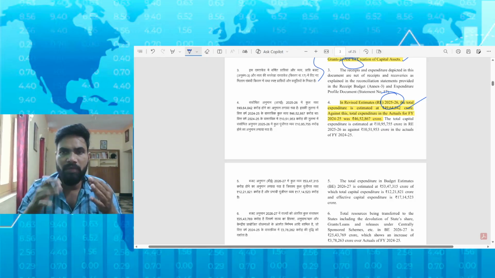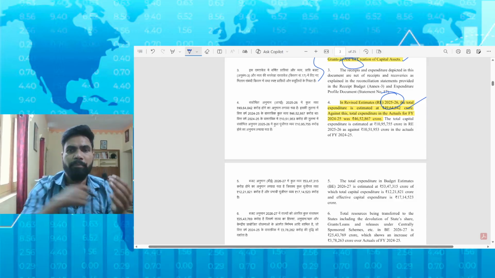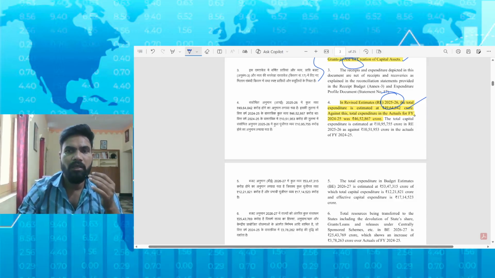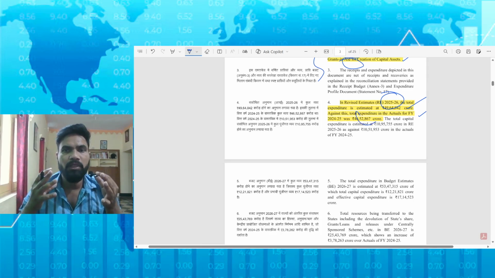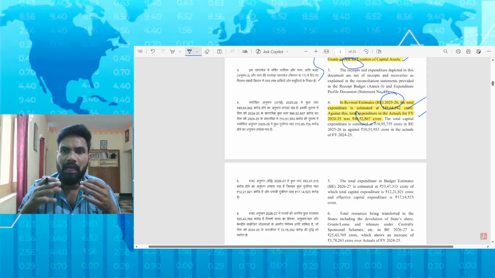Against this, the total actuals for financial year 2024-25 were 46 lakh 52,000 crore rupees. So in 2024-25, the actual expenditure was 46 lakh crore rupees, and for 2025-26, the revised estimates are 49 lakh crore rupees.